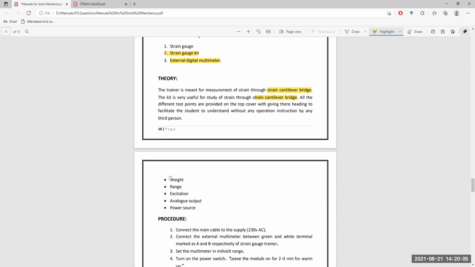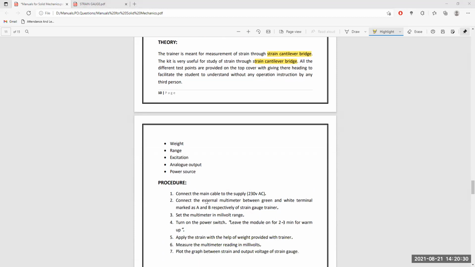The weight itself, which is the external load we have to apply to know the strain. This weight should be known to you. The range should also be given to you, because every strain gauge has a certain range beyond which it cannot cover. Then excitation, analog output, and power source, etc.